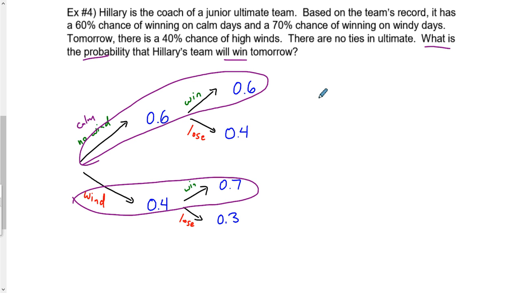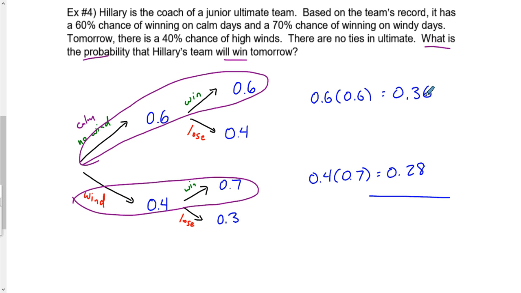We're going to still take our multiplication. 0.6 by 0.6 is 0.36. 0.4 by 0.7 is 0.28. So if there's a 36% chance of her winning when there's no wind, there's a 28% chance of winning when there is wind. Now that's of course dealing with the total, not talking about just a 36% chance.